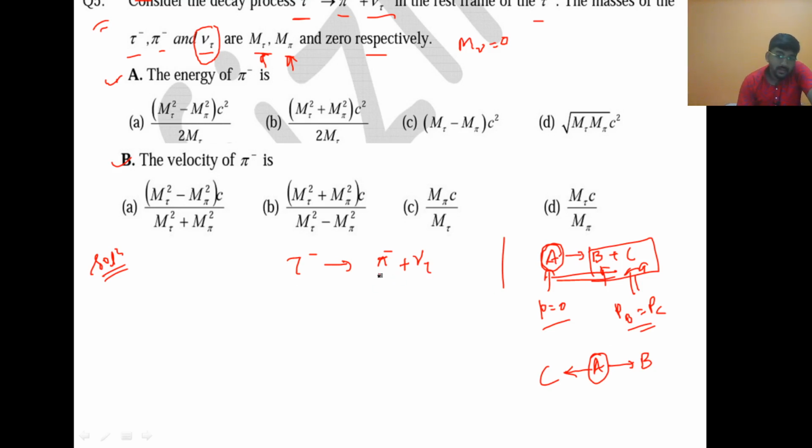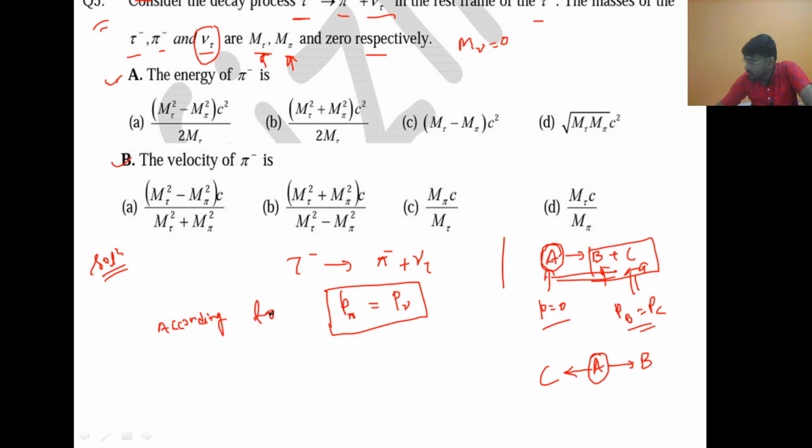So the momentum of pi, p pi, will be the same as the momentum of nu, p nu, according to momentum conservation. This is equation 1.